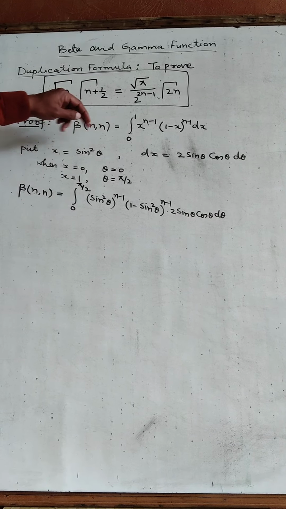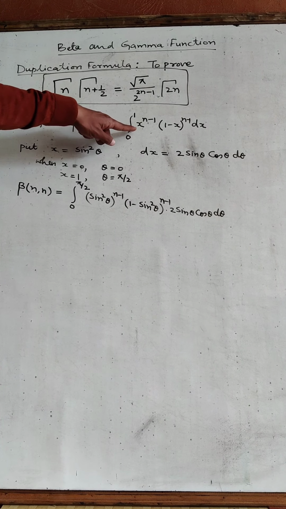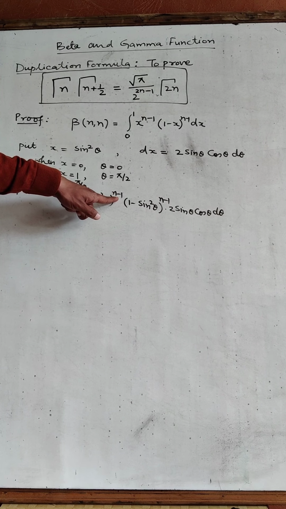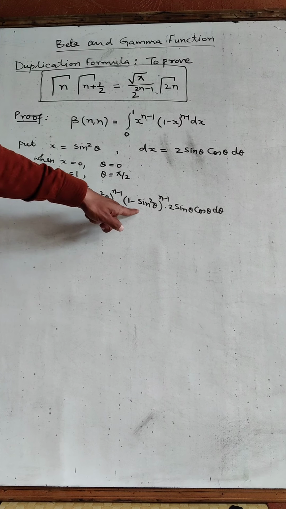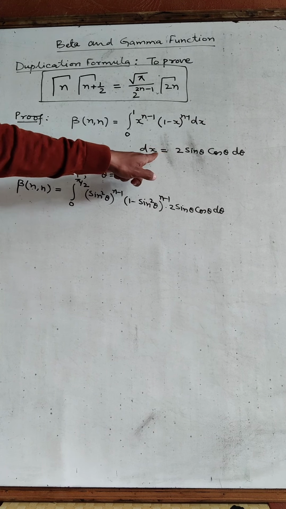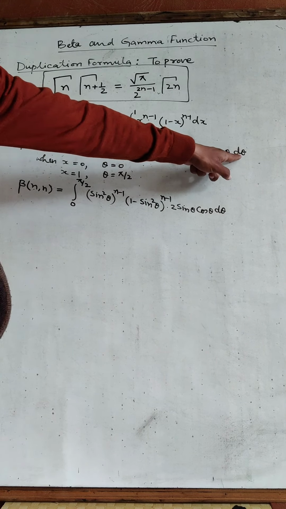Again look, we put x is equal to sine square theta. When we put it here, it becomes sine square theta raised to the power n minus 1 into 1 minus sine square theta raised to the power n minus 1, and dx is equal to 2 sine theta cos theta d theta.